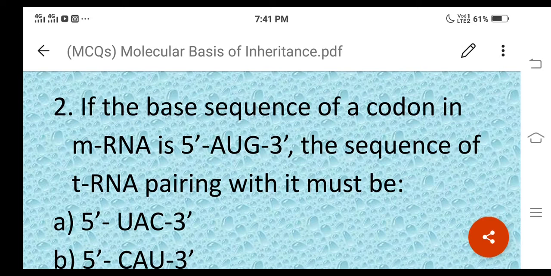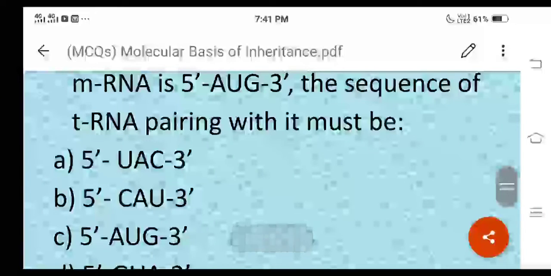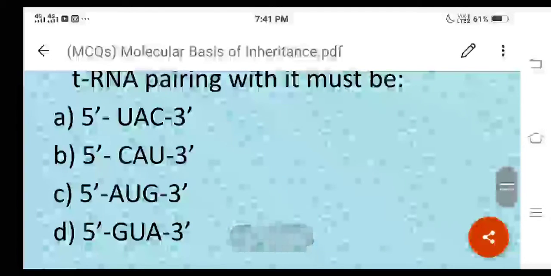If the base sequence of codon in mRNA is 5 prime AUG 3 prime, the sequence of tRNA pairing with it must be what? Four different options are there. One is 5 prime UAC 3 prime, second is 5 prime CAU 3 prime, third is 5 prime AUG 3 prime, and fourth is 5 prime GUA 3 prime.